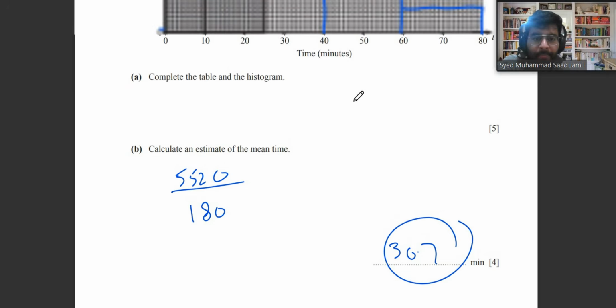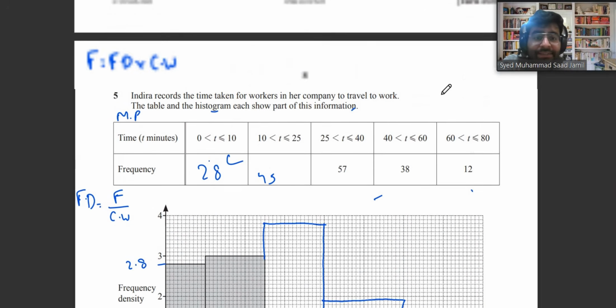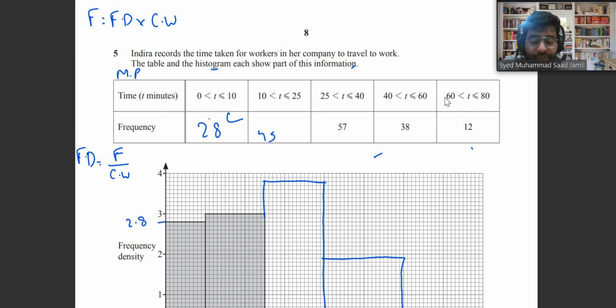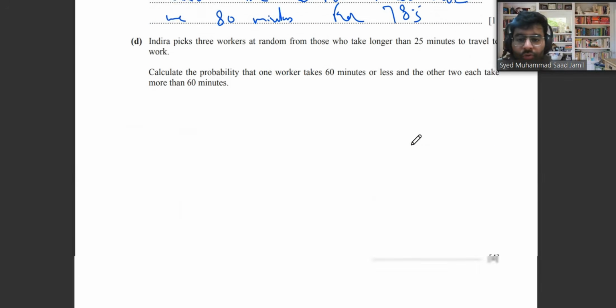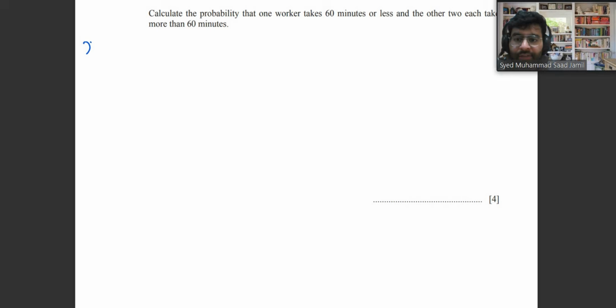So look, how many workers take more than 60 minutes to work? There are only 12 workers that take more than 60 minutes. So more than 60 minutes, x is greater than 60, only 12 workers.